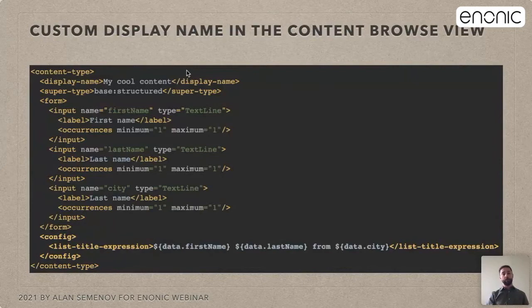If you want the content grid to display composite text based on some field names in the content type schema, then you can use the new config property called list title expression, which will then dynamically generate the text based on the specified expression and show that instead of the actual display name in the content grid.